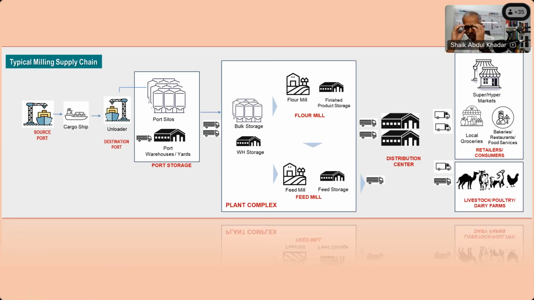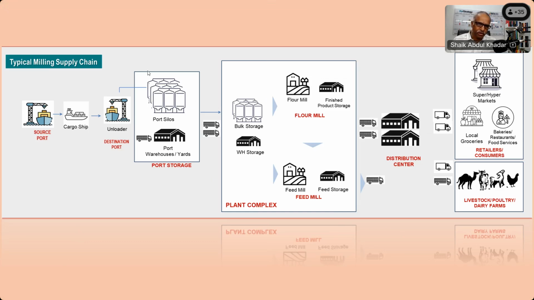So today we talk about milling. Let me give a quick introduction about the milling industry, just to put up a context. I took an example of the milling supply chain in the Middle East. This is a plant complex where you have a storage, a flour mill, a feed mill, and the finished product storage.